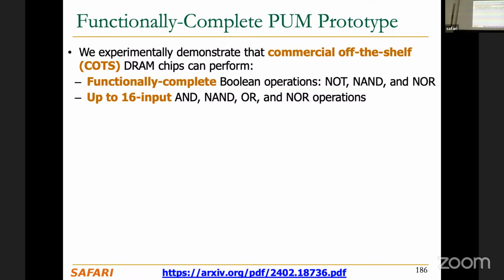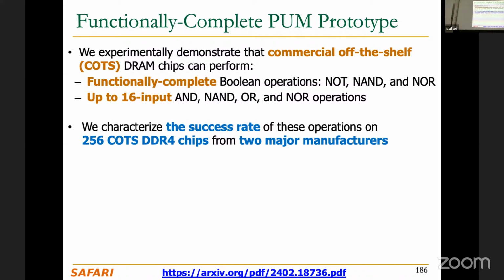The main takeaway is that we experimentally demonstrate, with several commercial off-the-shelf DRAM chips from major memory manufacturers, that by following a similar approach of violating DRAM timing parameters, we can implement functionally complete Boolean operations like NOT, NAND, and NOR, and also up to 60-input AND, NAND, OR, and NOR operations.